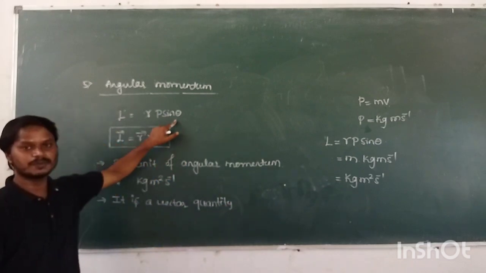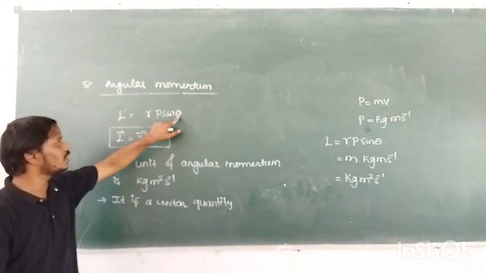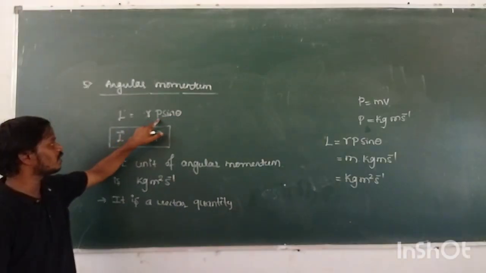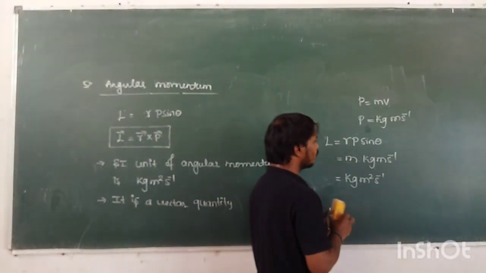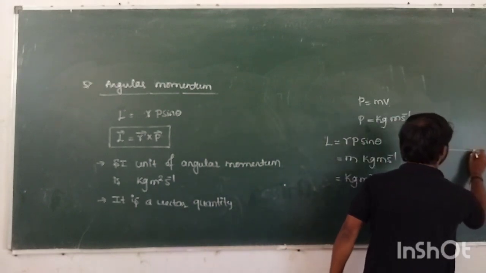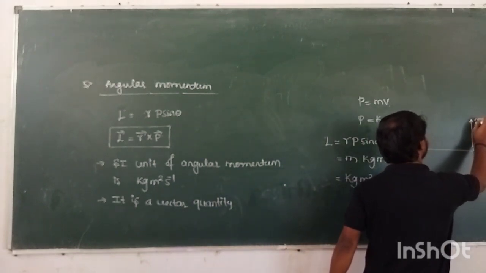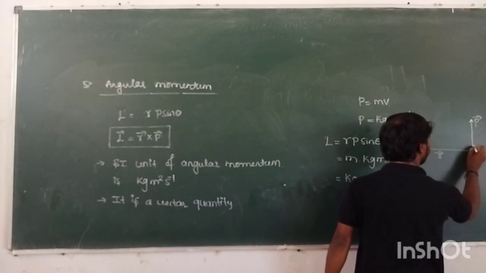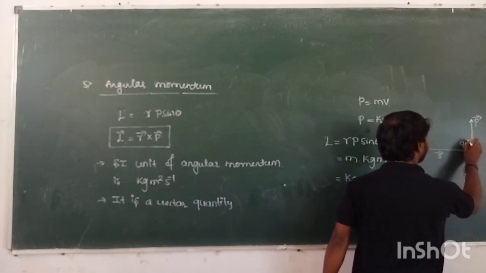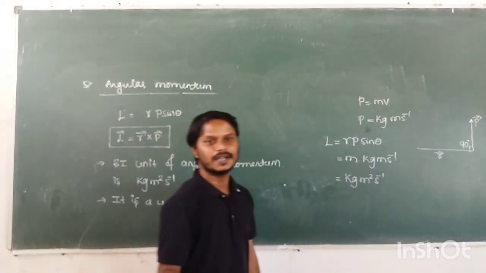The angular momentum of the rotating body is maximum only when the angle between the position vector and momentum vector is 90 degrees. Hence the angular momentum of the rotating body is maximum.